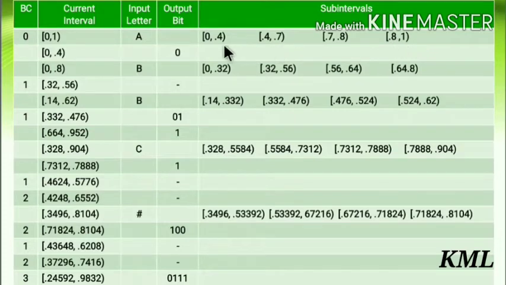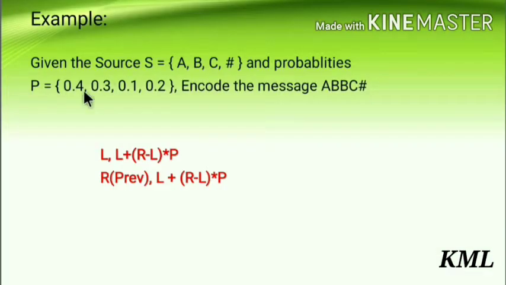Now check the input letter's position in the source. What is the position of A in the source? This is position 1, 2, 3, 4, so A is at position 1.